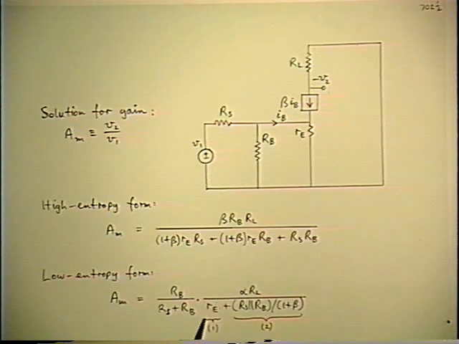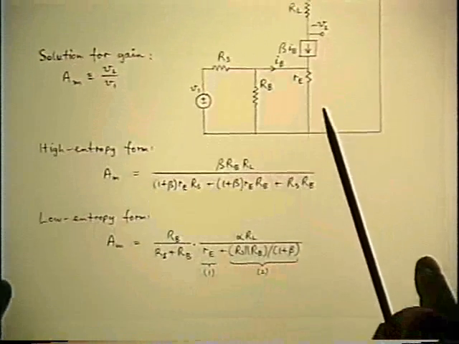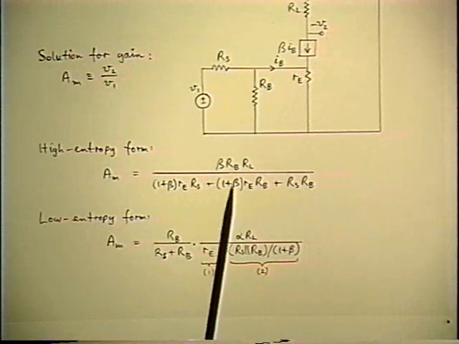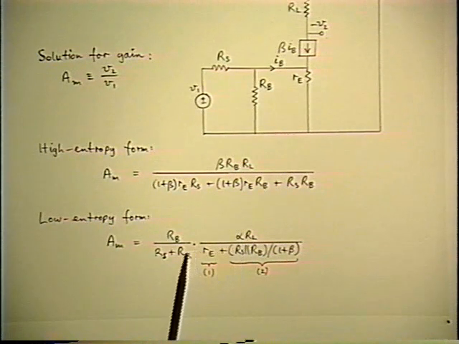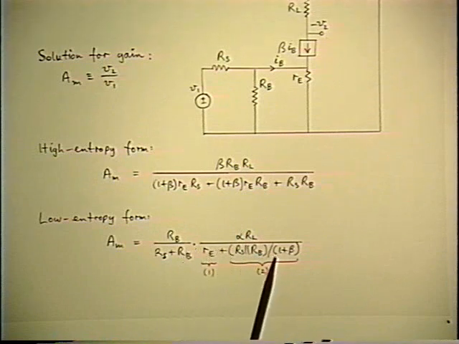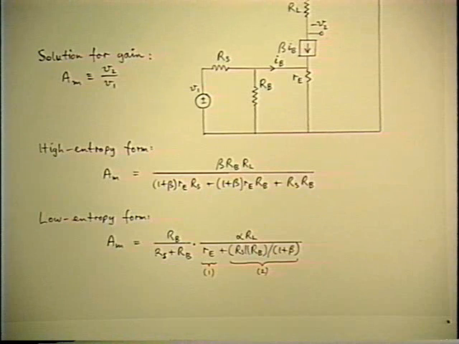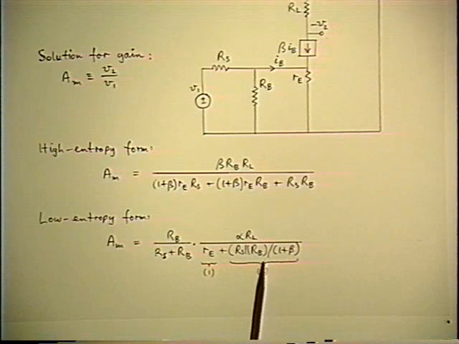So right underneath that, I've written a low entropy version of the same thing. It's the identical result. But now, the grouping and the arrangement of the terms in that result tells you a whole lot more useful things for design purposes. For one thing, notice that in this denominator, it's a sum of resistances, one of which is already a parallel combination.